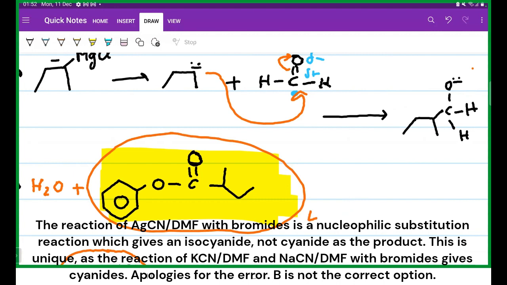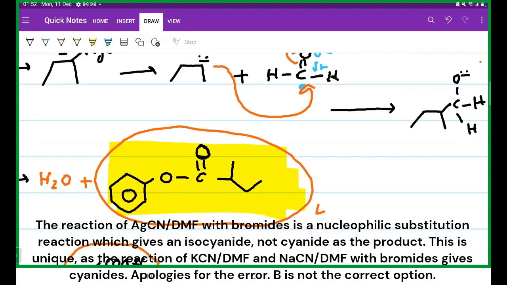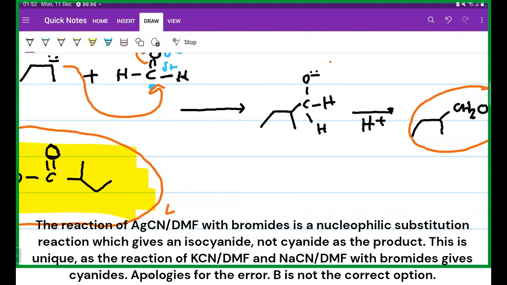Now it says L is a metamer of E. What is E? E is sec-butyl benzoate. Is this a metamer of sec-butyl benzoate? Absolutely.